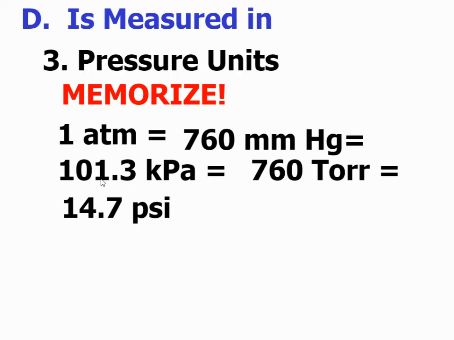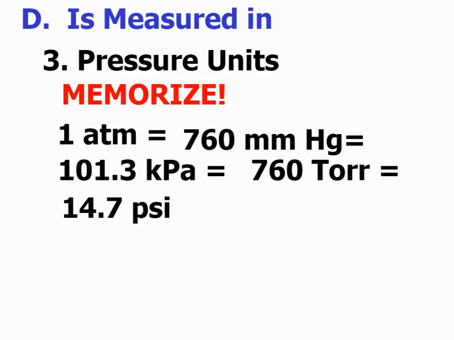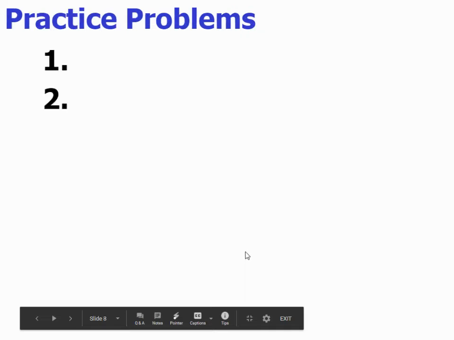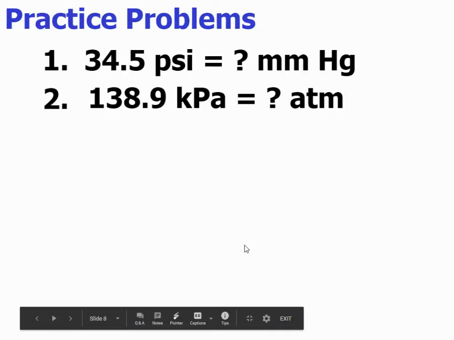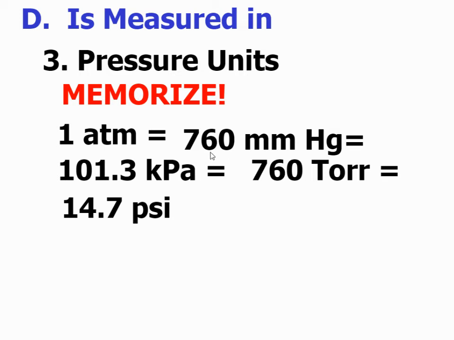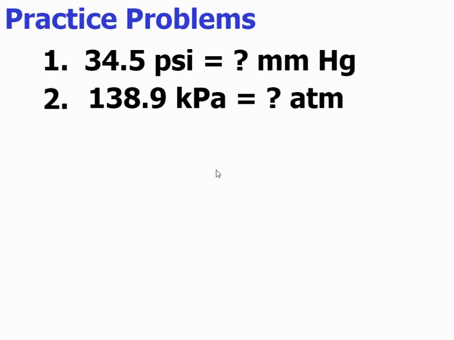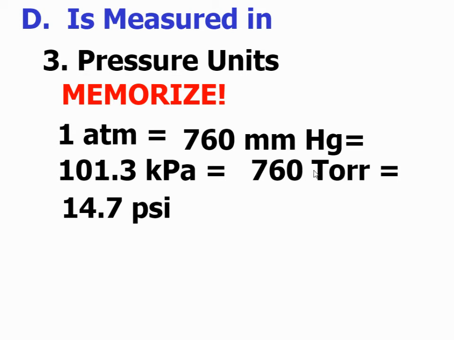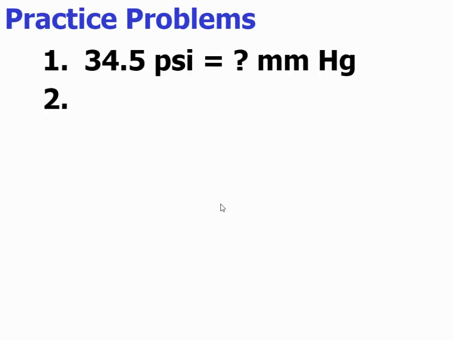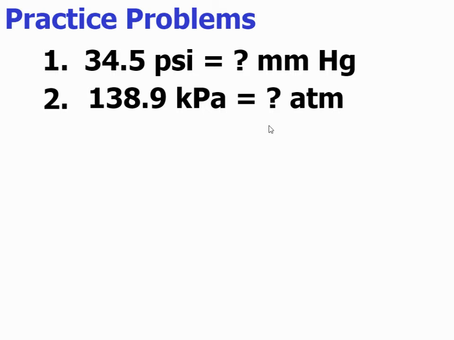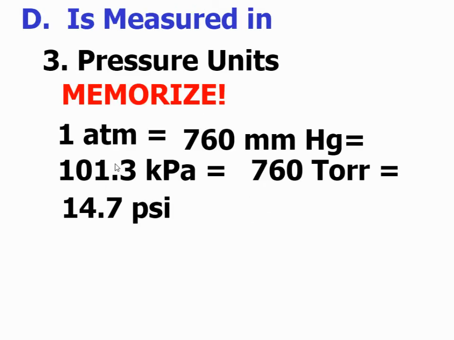You have 1 atmosphere equals this much mercury, this many pascals. That's what you're going to have at all of your atmospheric pressures. So if this is what we have for each one, and we're trying to find how many millimeters of mercury and how many atmospheres we have, we have to go in here and figure it out.